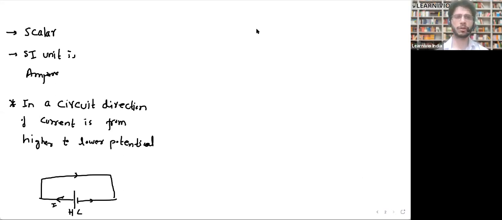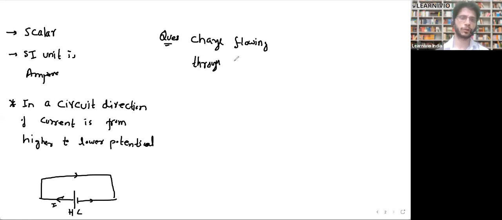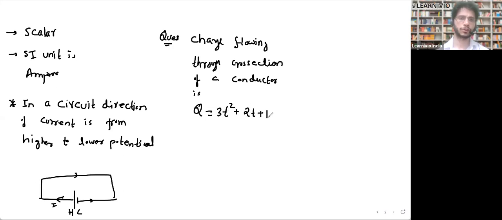Let's do some basic problems on current. The first question is very simple. The charge flowing through the cross section of a conductor is Q equals 3t square plus 2t plus 1 coulomb.